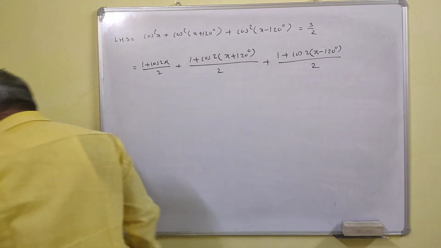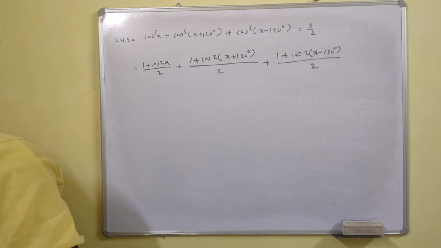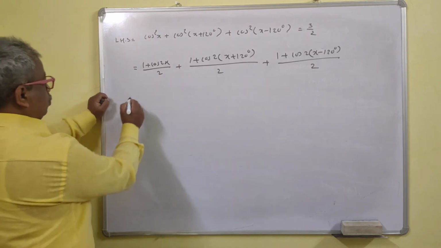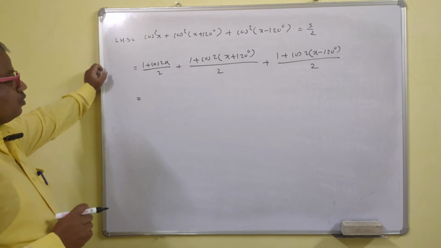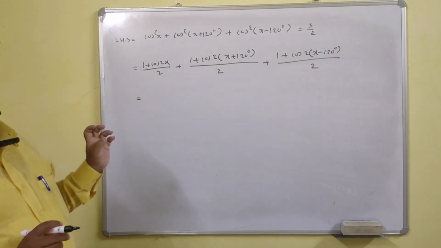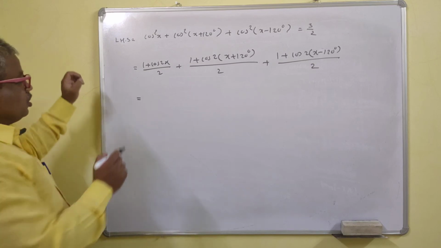Okay. So this will what then? This is half, half, half. This will be 3 by 2.